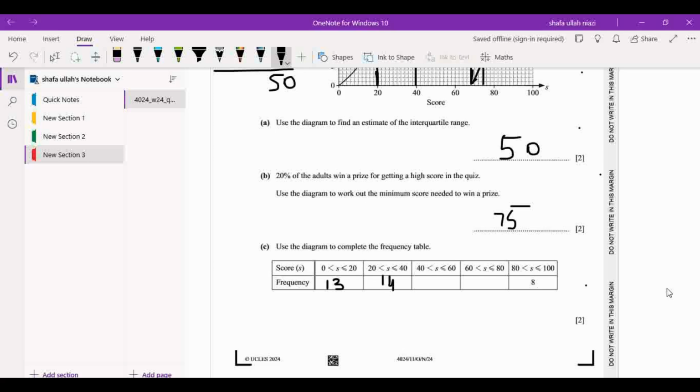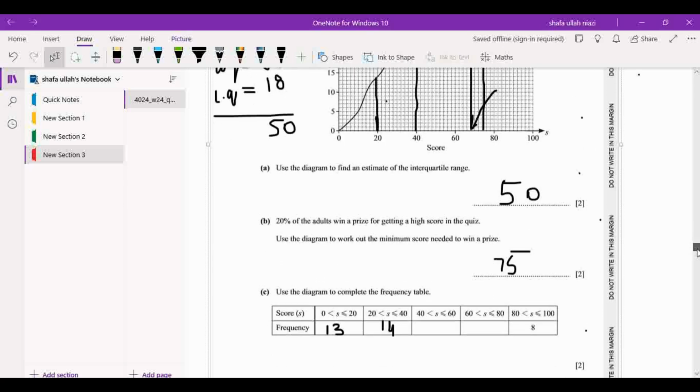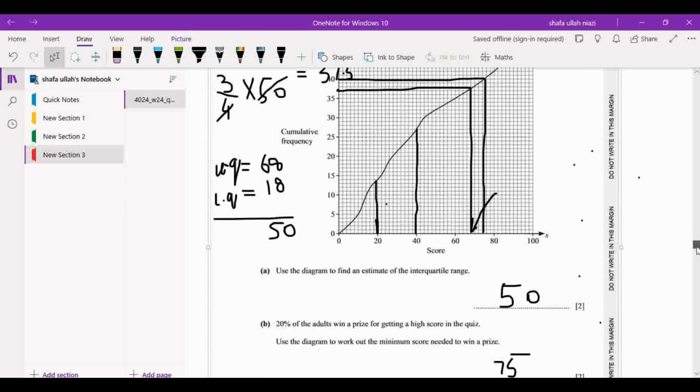Next is 40 to 60. The 60 mark is here. Let's check where the graph cuts this. Yes, this is the 60 mark.